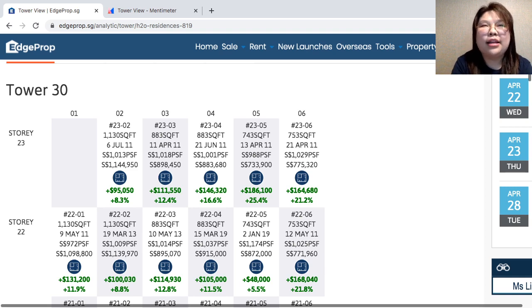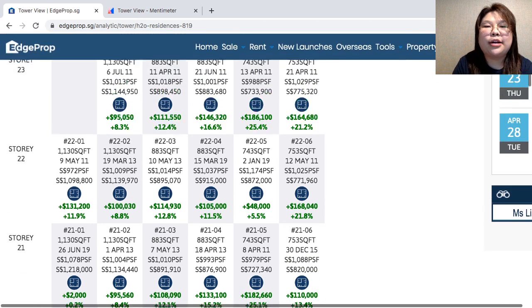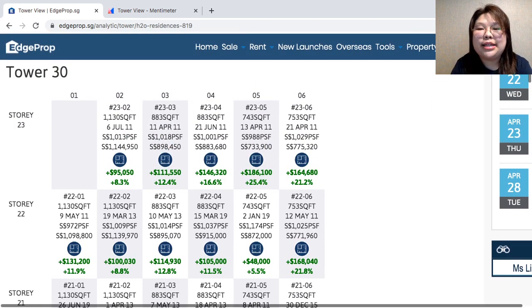So sometimes you will not see plus or minus for a unit because there isn't a similar transaction that happened recently. In turn, we will not be able to work out the profit or loss based on Edge Fair Value for you. How did we work this valuation out? It is not just a fixed formula. There are various factors that affect the valuation, like the storey, the stack, facing, and all that.